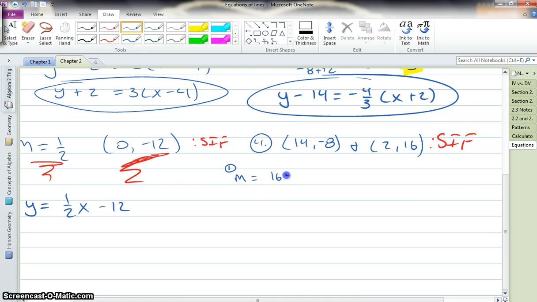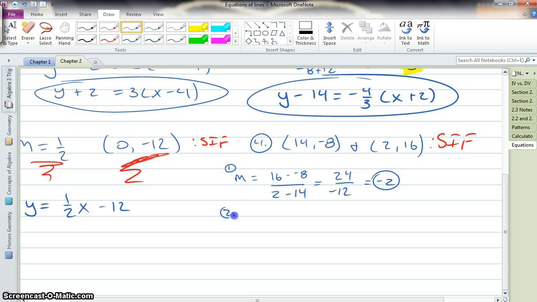So I have y2 minus y1 over x2 minus x1. So positive 24 over -10. Whoa, mistake. So I had 2 minus 14, which is -12. So my slope is -2. That makes a little more sense.